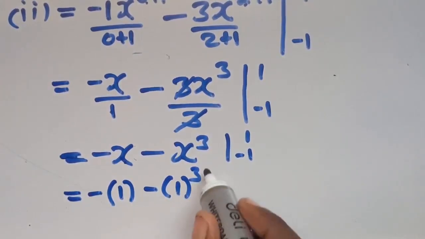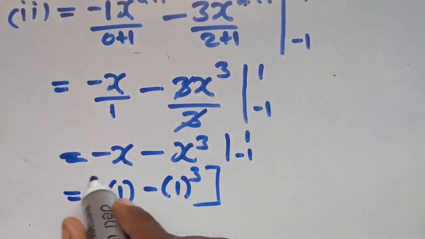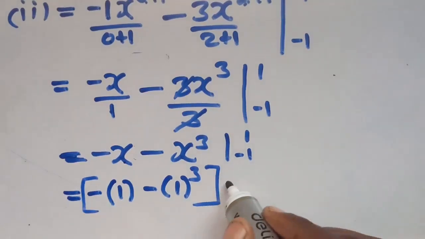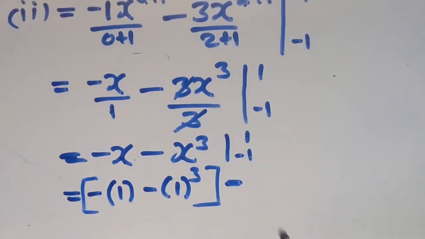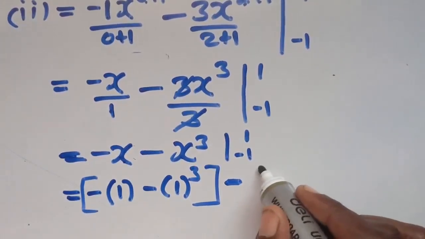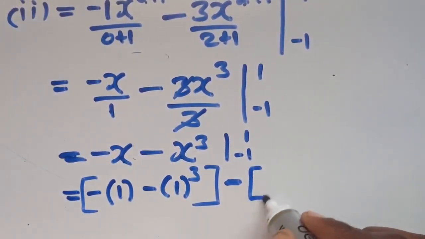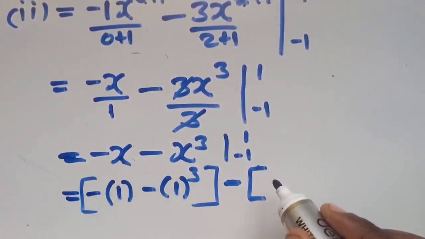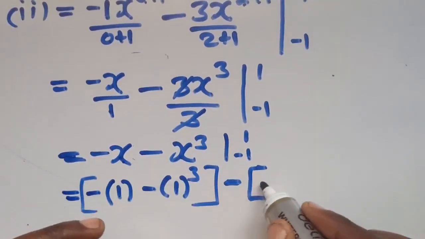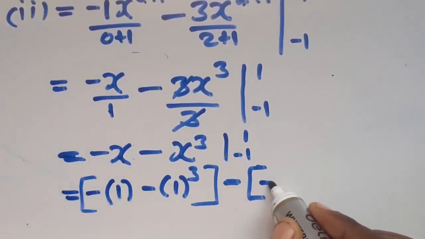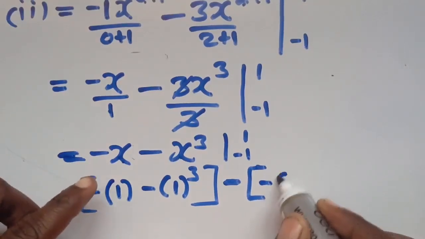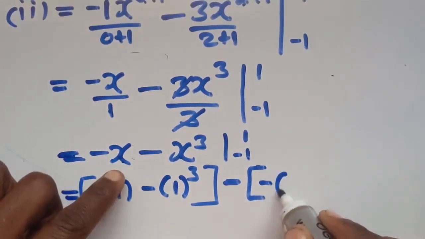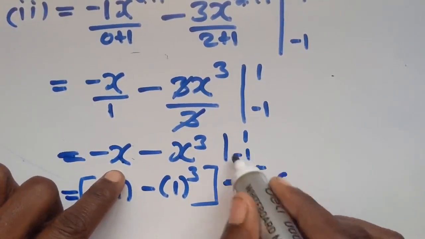All right. So we are going to put this in bracket. Then we are going to put a negative here. That is what we said in the previous question. Then we are going to get this same expression here. This is -x. So we are going to say negative, then we open the bracket. Where there is x, we put a -1 there.